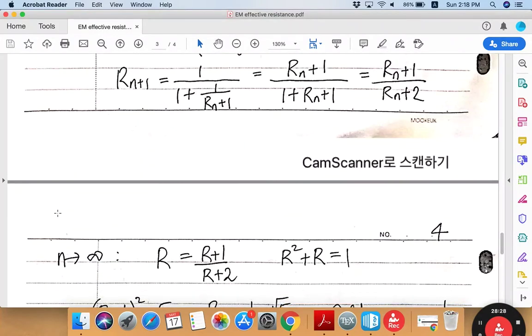Well, when n goes to infinity, it doesn't matter whether n is like 1 million or 1 million plus 1, because just adding one more triangle to the existing billion other triangles is not going to change the situation anyhow. So that means in that limit, you can treat these Rn's to be the same value regardless of the index.